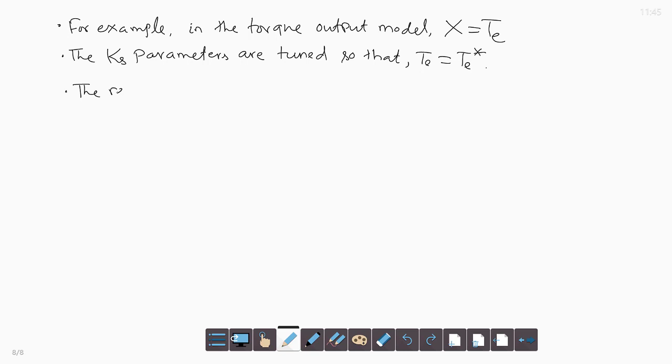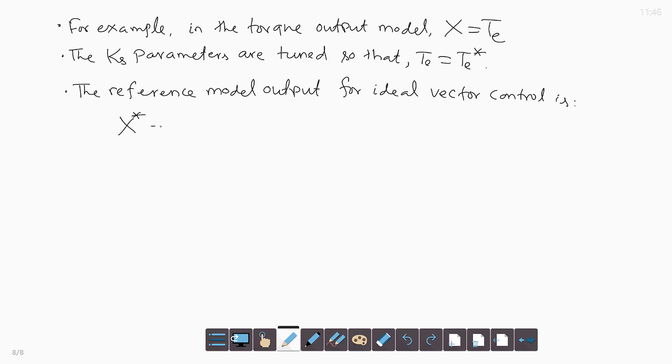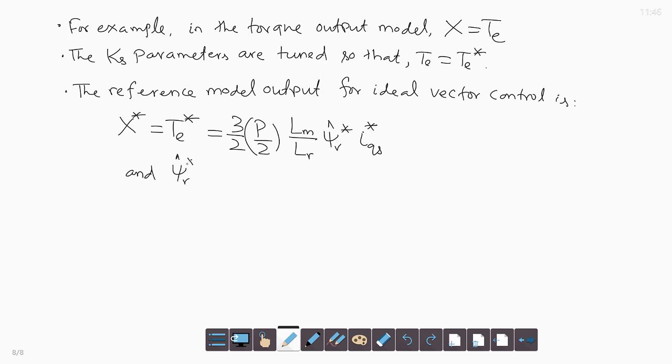The reference model output for ideal vector control is given by x star, which is the reference torque T E star, that is 3/2 into pole pairs into Lm by Lr into psi r hat star into IQS star, and psi r hat star equals Lm into IDS star.